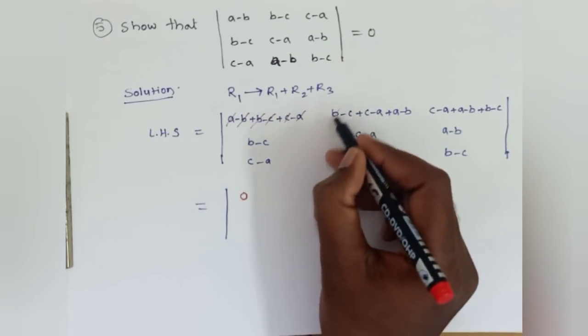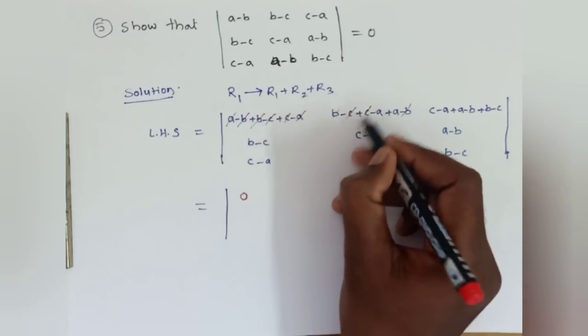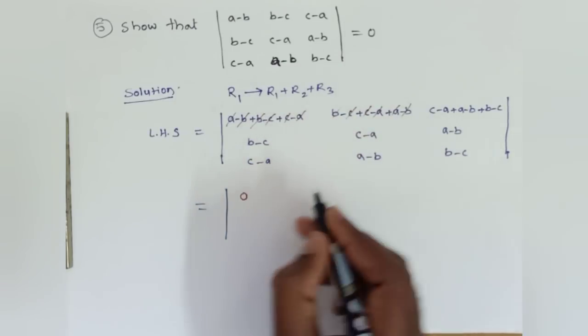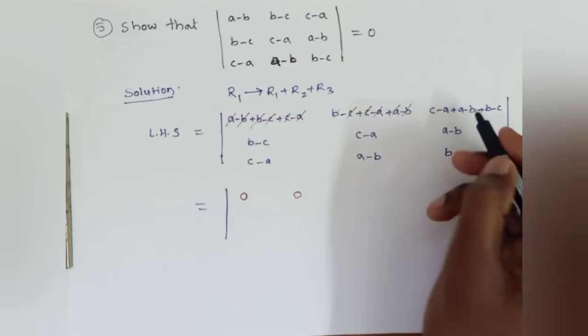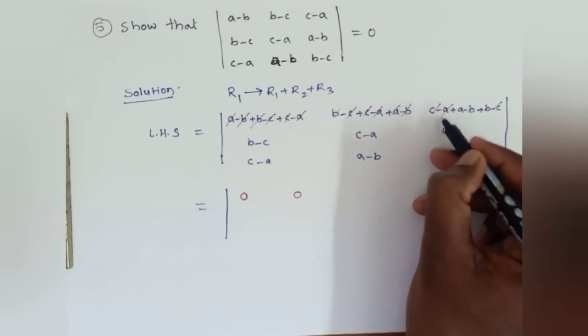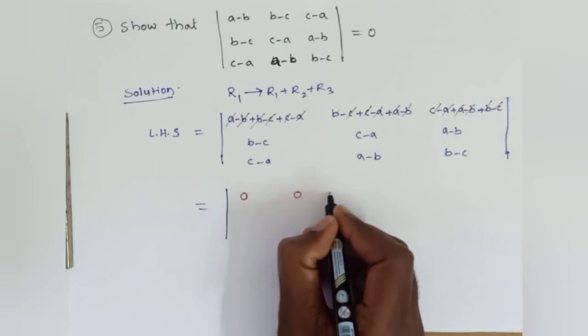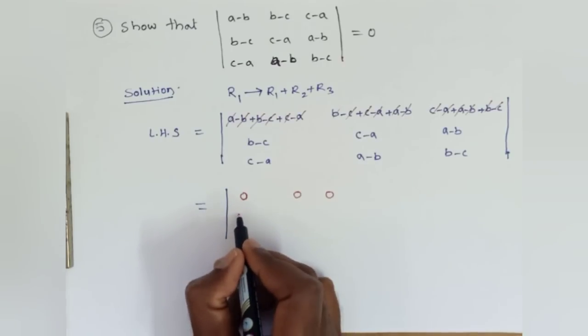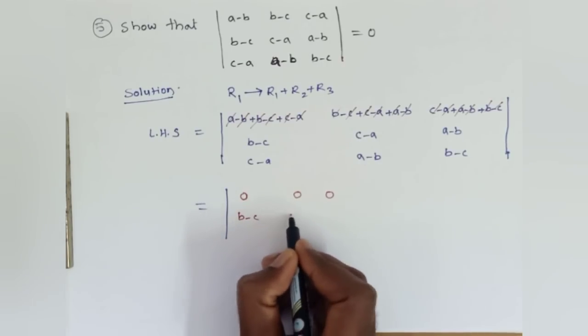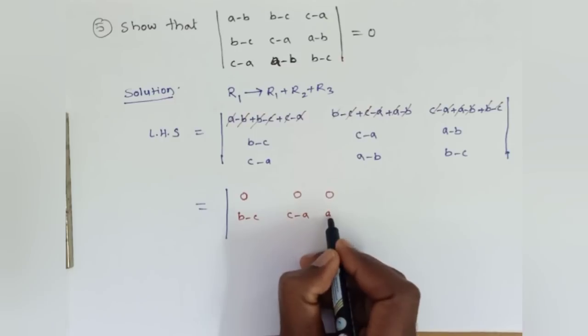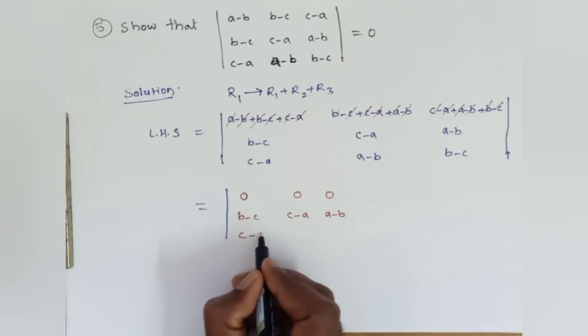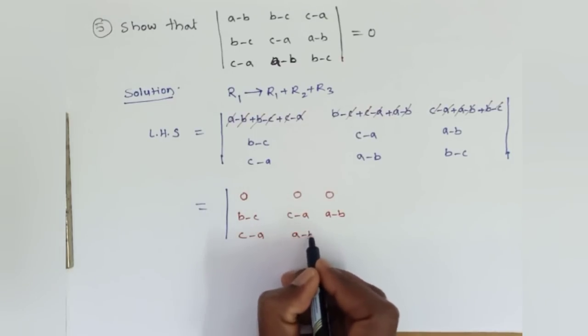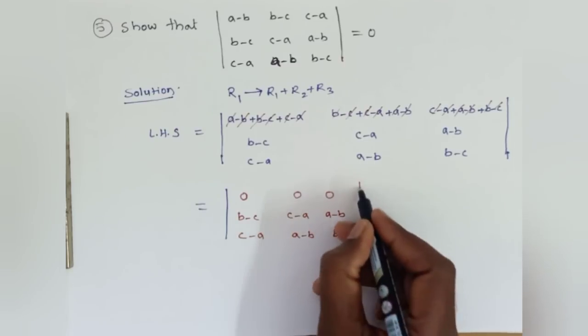In the same way, B minus B, C plus C, minus A plus A, gives 0, and likewise the third entry is 0. Then rows 2 and 3 remain as they are.